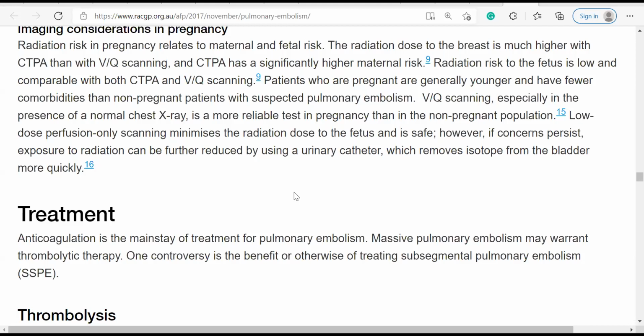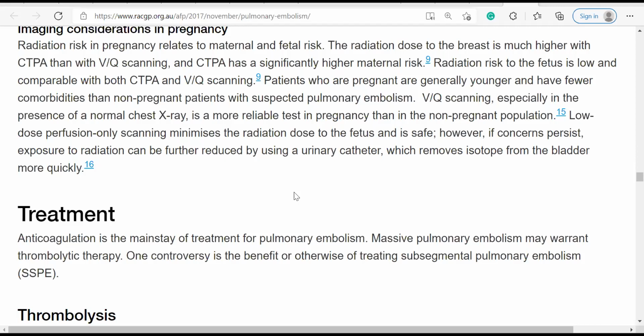So these are the important things you should think about when you're looking into the question. You can do CTPA in a patient who is not pregnant, but rather in a reproductive age group. Let's say a 30-year-old female comes to you with PE features, and the patient is not pregnant, then you would do a CTPA.